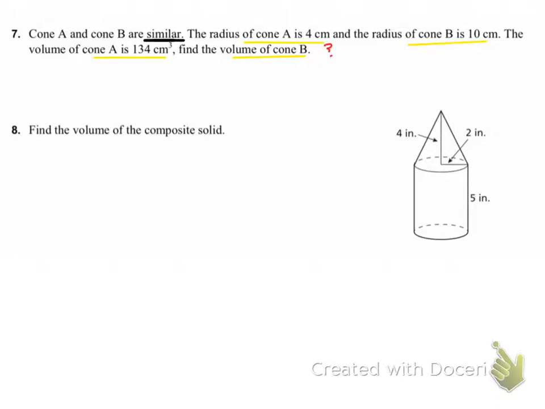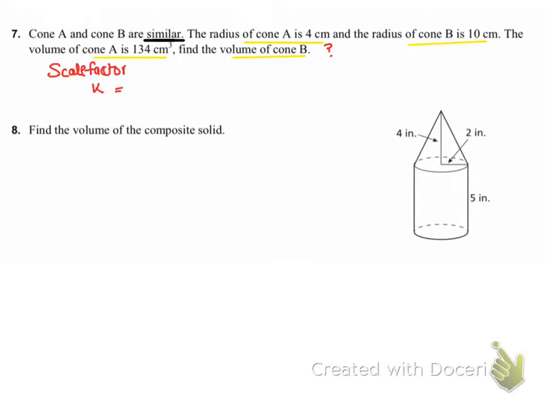It means if they're similar, I told you when you take the ratio of the volumes, it's always the k cubed. We have learned this in the previous section for cylinder. First we have to find scale factor, that is k.